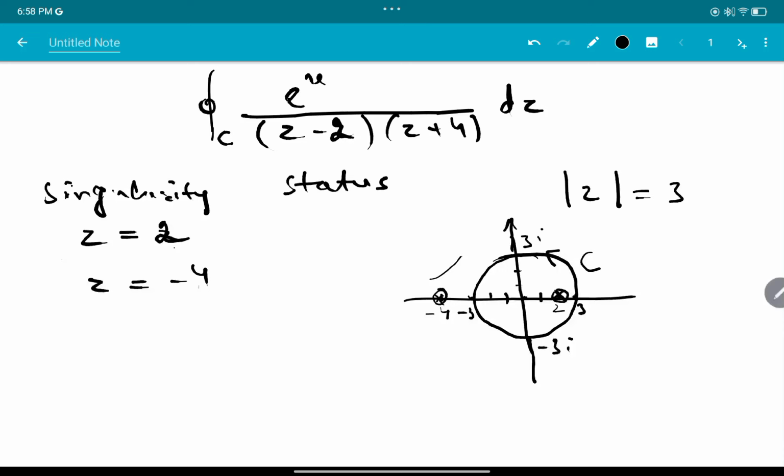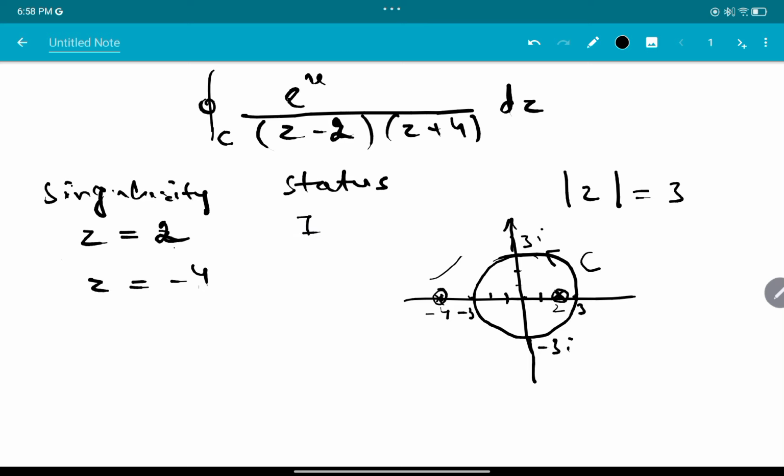Now, since this curve has one singularity, we can directly apply Cauchy's integral formula to its solution. I will be bothered only by the states, whether inside or outside. Z equal to 2 is inside.